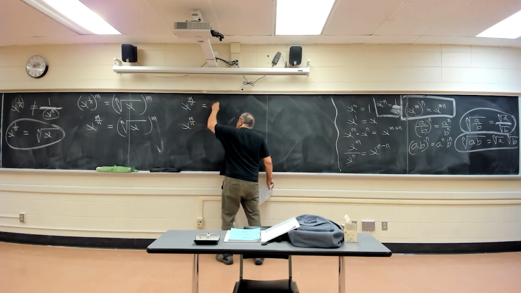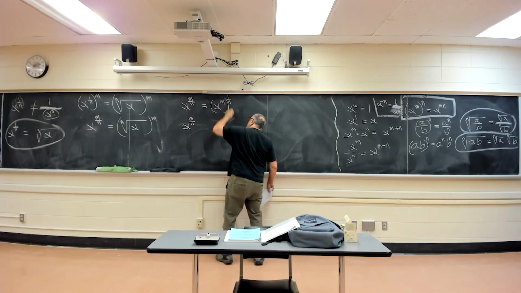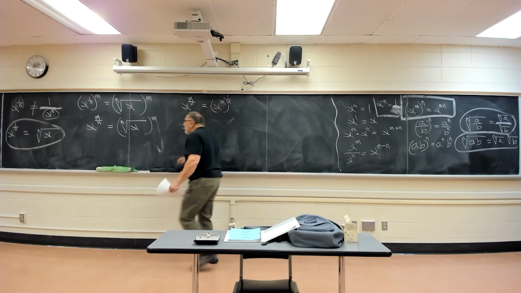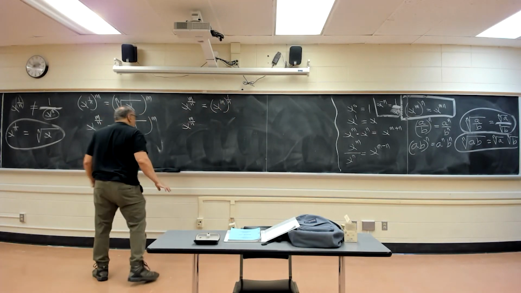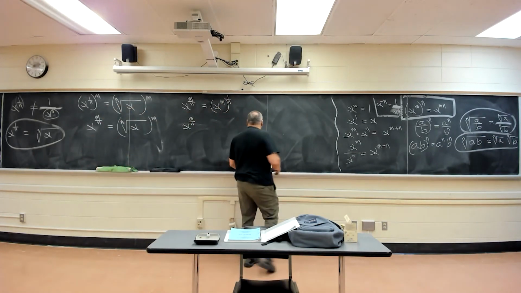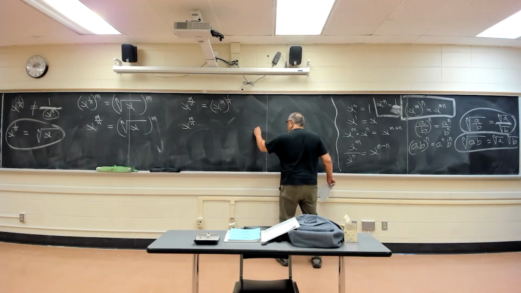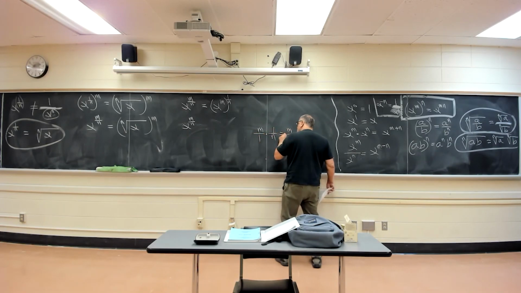You could write it, my friends, as the m right here and the 1 over n on the outside. Either way I play this, m times 1 over n, that's m over 1. Multiply across on the top, multiply across on the bottom.